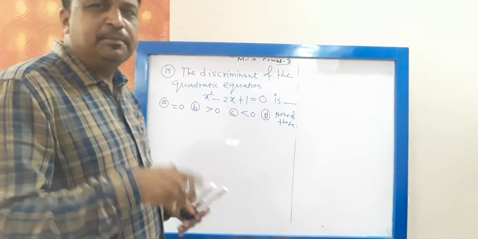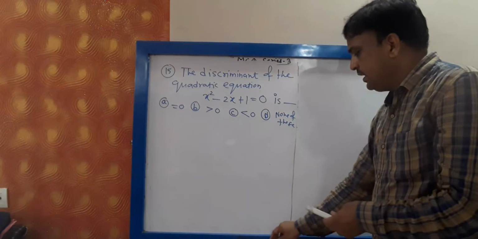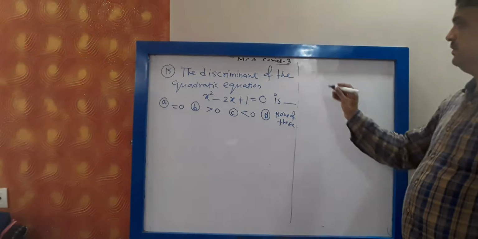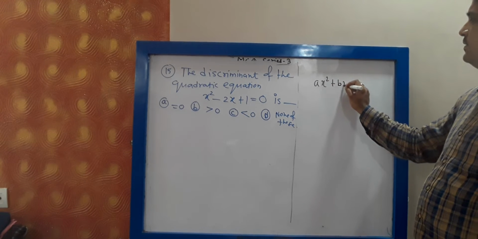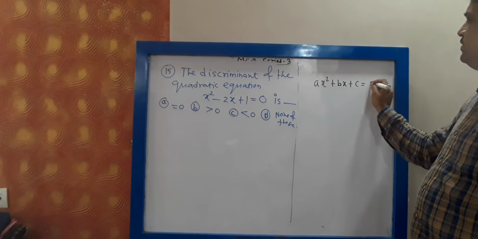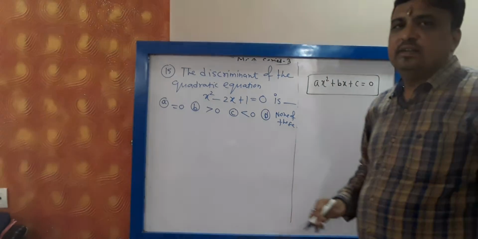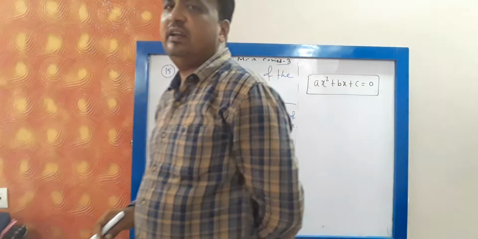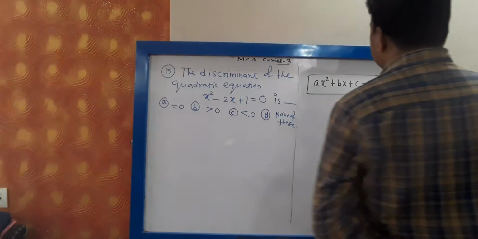So my dear, let me revise the concept of discriminant. You are given a quadratic equation: ax square plus bx plus c is equal to 0. Now how do we find the discriminant?